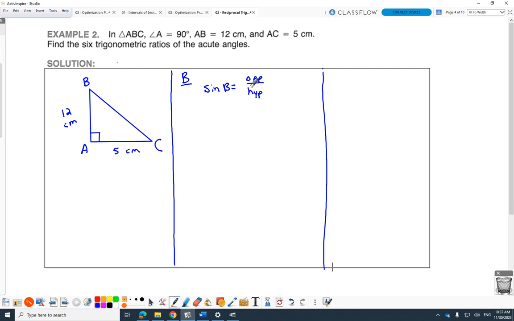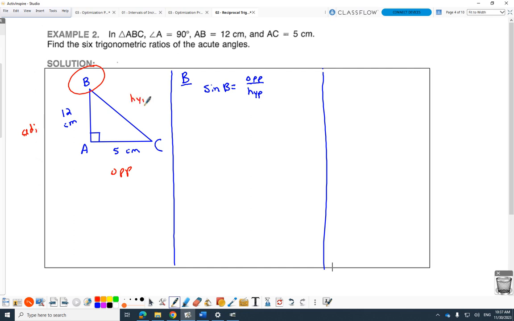If I'm using B, 5's the opposite. I'm going to label that temporarily on there. For B, this is opposite, and this is hypotenuse. Yes, if I'm using B. Not a hypotenuse. Adjacent. Thank you. Adjacent. And this is hypotenuse. Good.